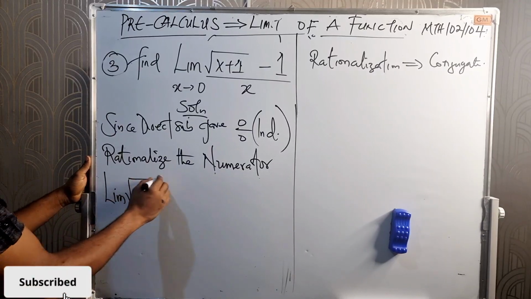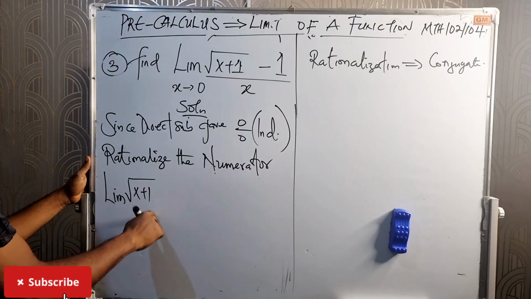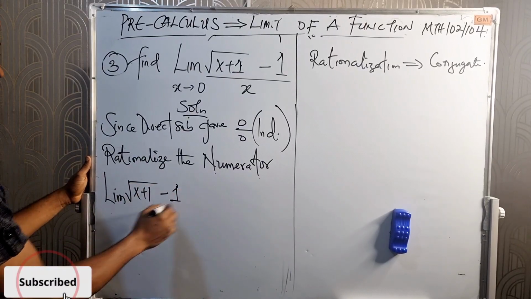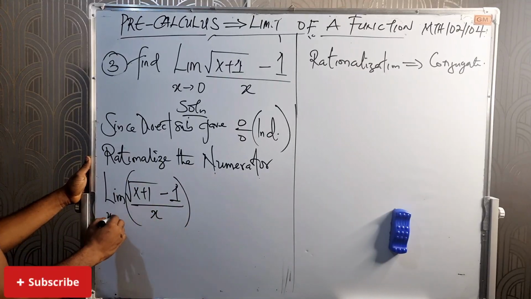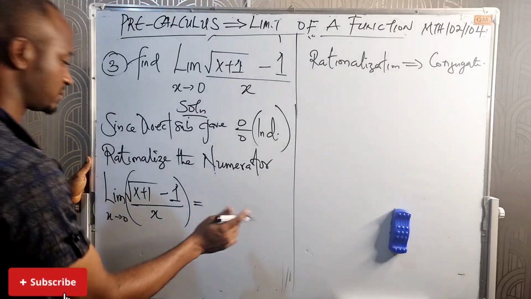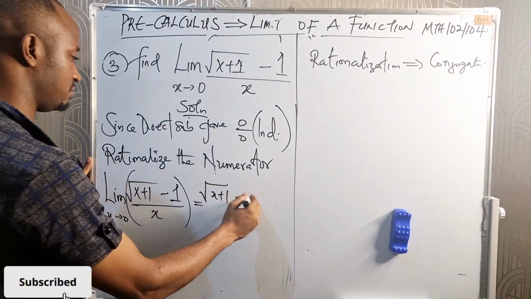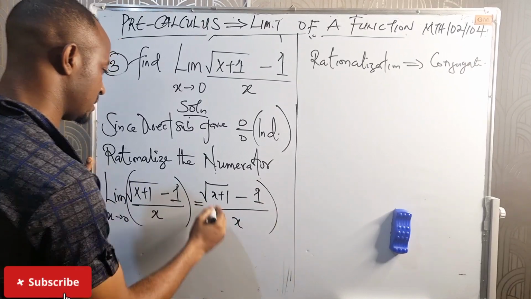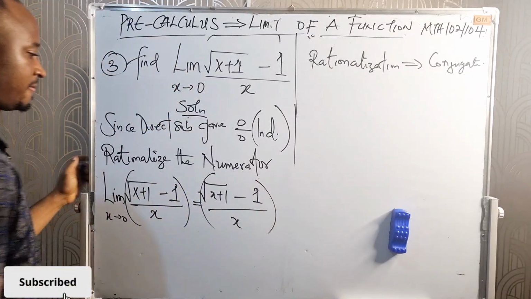The limit of root x plus 1 minus 1 divided by x, as x is approaching 0, becomes root x plus 1 minus 1 divided by x, times, I'll multiply.